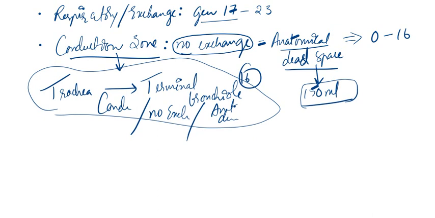Now in the terminal bronchiole, you have to remember one thing: it has the maximum amount of smooth muscle.